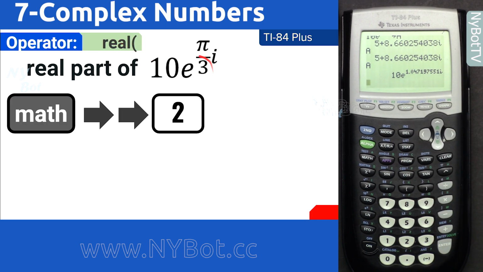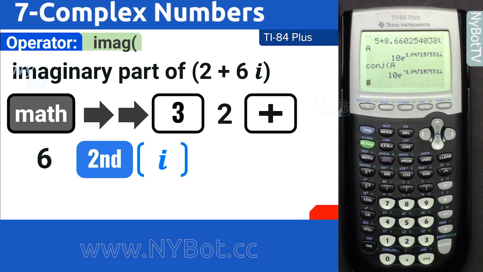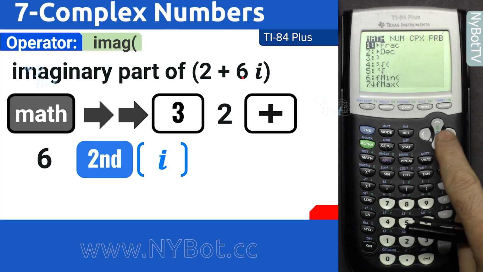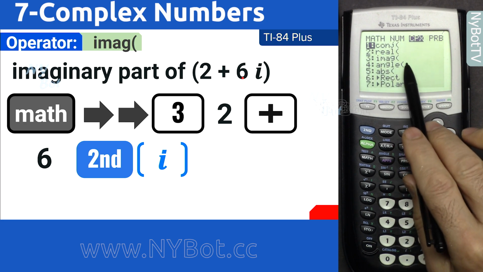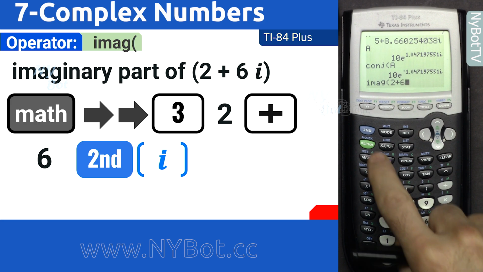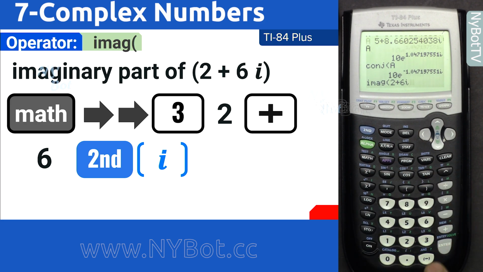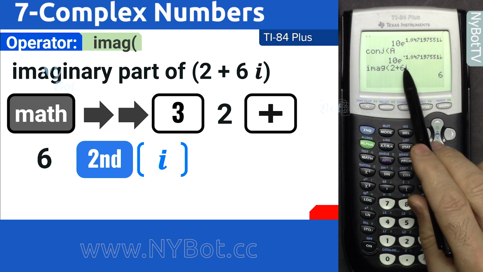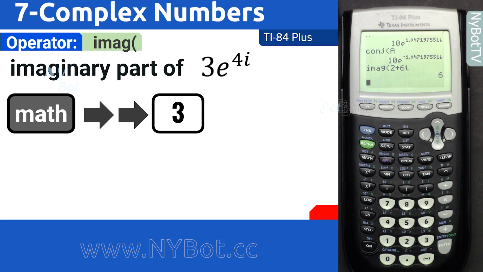Now let's get the imaginary part of 2 plus 6i, press math, go to complex, and then for imaginary we go 3, and then 2 plus 6, second function I, enter, and we get just the imaginary part. Let's get the imaginary part of this.